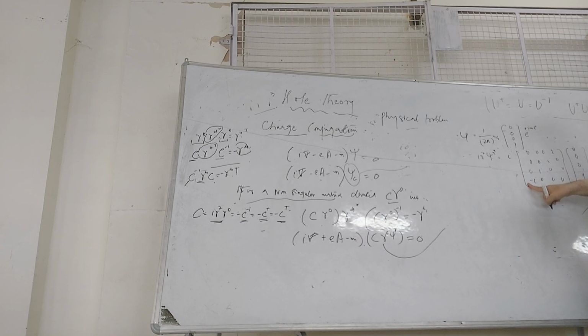You see, iota is outside. If you multiply iota with iota, you have iota squared. This will be minus 1. So if you have minus 1, this will be plus 1. So you see.